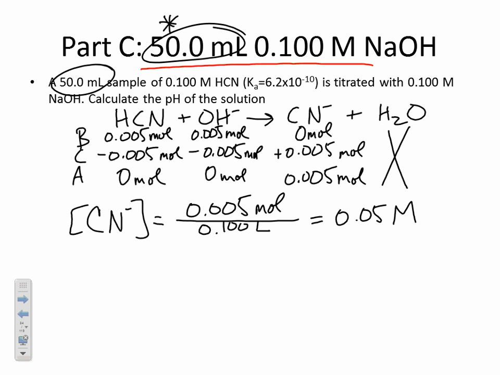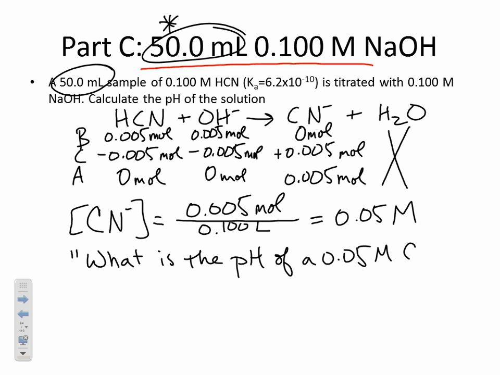So the process going forward is basically, this has essentially changed to: what is the pH of a 0.05 molar CN minus solution? Because really that's what the question now is. It's saying we have this weak base, we know that the molarity is 0.05 molar, work out its pH.